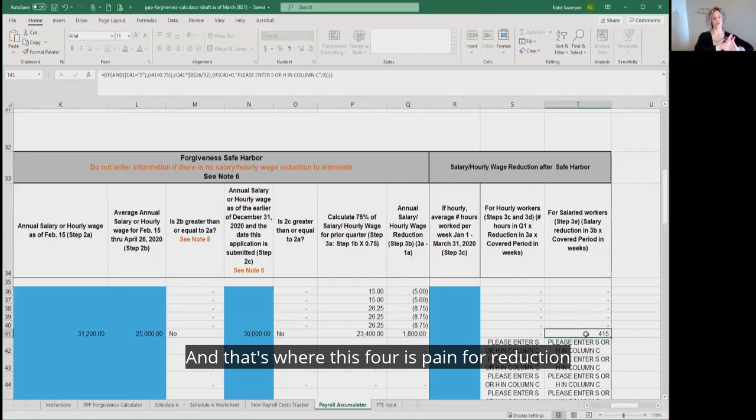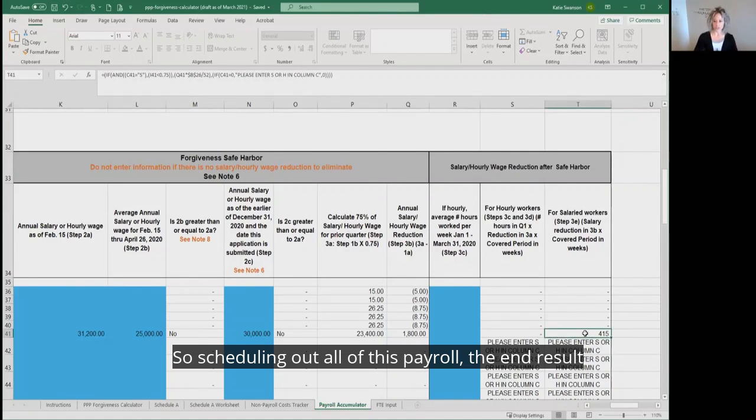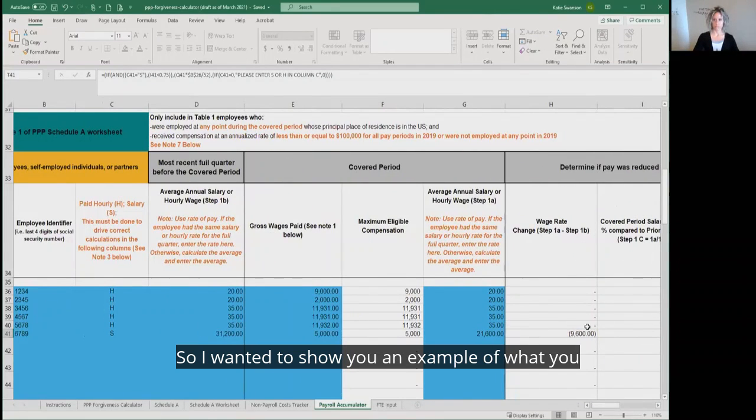So of all of this scheduling out of payroll, the end result is a reduction in my loan forgiveness of $415, which will then carry to another schedule. I wanted to show you an example of what you have to consider, what you're going to walk through, and how things impact your forgiveness.